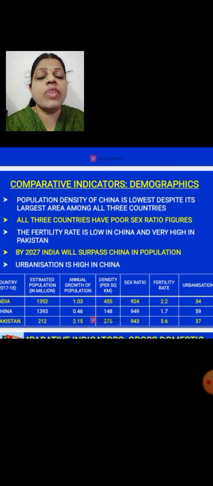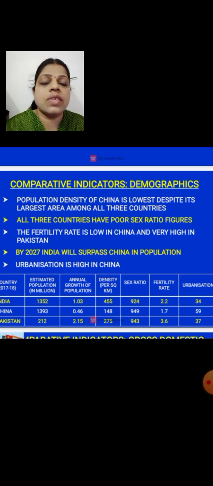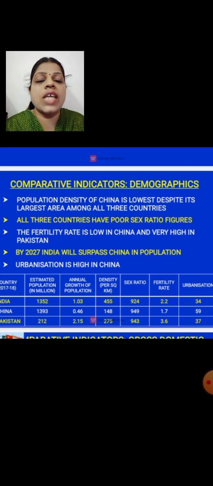So the density of the population is lower in China compared to the other countries. All these countries have poor sex ratios in figures also. So that is the ratio between the male and the female. There also we can see the disparities in the sex ratios between various countries.